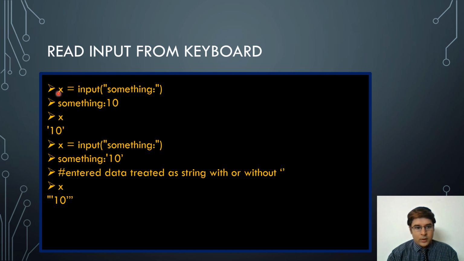It will be assigned to x, because this 10 will be returned as the output of the input function. Then when we enter x on the interpreter, it will output 10. Similarly, if we enter the string 10, it will be within double quotes.